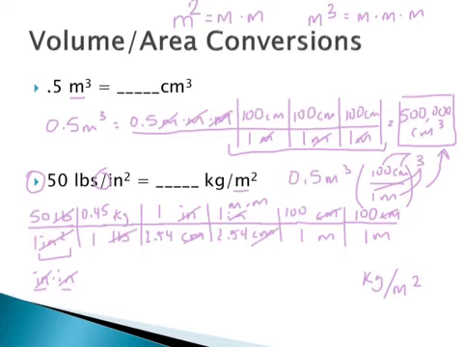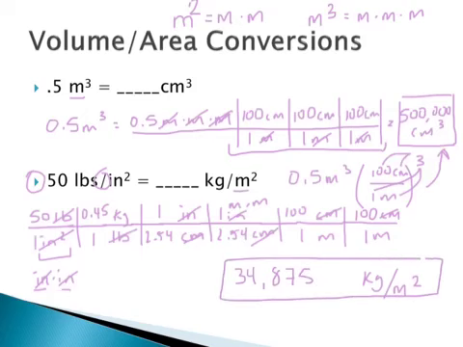So you're dividing by 1, dividing by 1, dividing by 2.54, dividing by 2.54 again, then divide by 1, and what you get as an answer, 50 pounds per square inch, is the same thing as saying 34,875, I'll stop there, kilograms per meter squared.